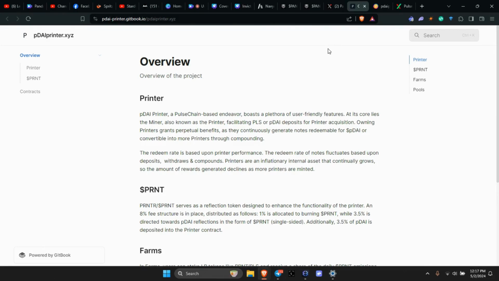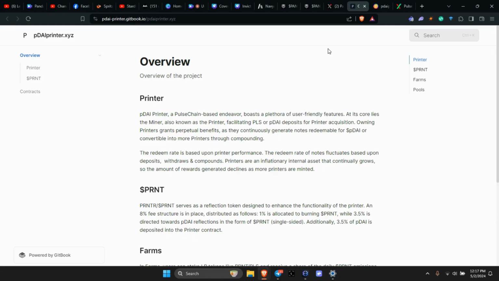Let's engage. Overview. The pDai Printer, a PulseChain based endeavor, boasts a plethora of user-friendly features. At its core lies the miner. It's also known as the printer, facilitating PLS or pDai deposits for printer acquisition.